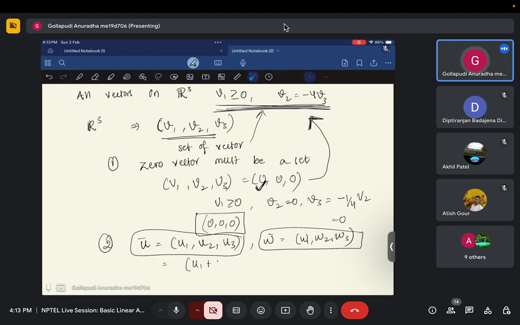So what will happen? So addition, and even the scalar linear combination. I'm taking a simple case. Even this should lie in the vector space. Yes or not? If the set of vectors should be a vector space, even this should satisfy the constraint.